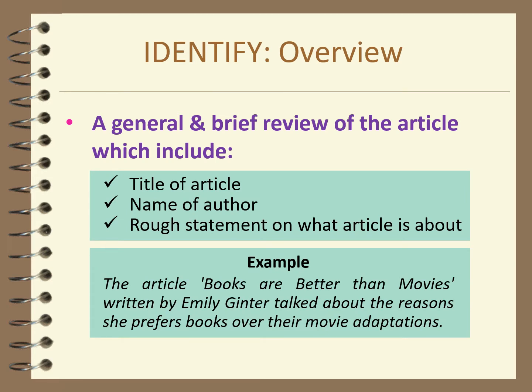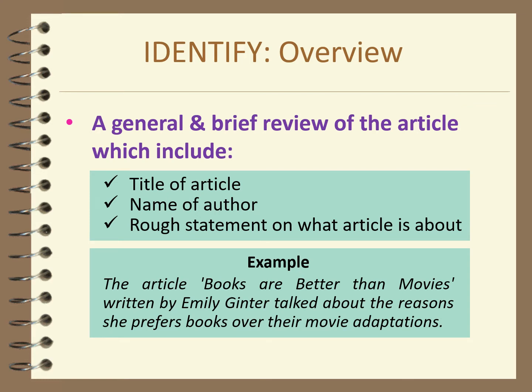Okay, what is overview? Overview is a general and brief review of the article, which includes three things: the title of the article, the name of the author, and some rough statement on what the article is about.